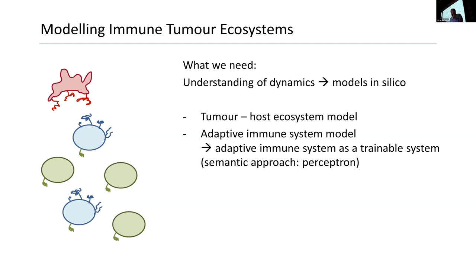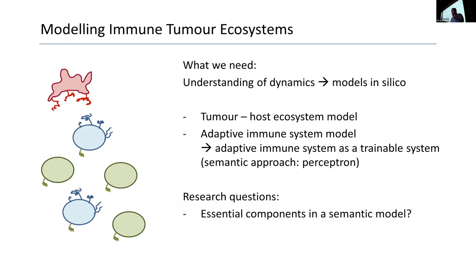So instead of a molecular or mechanistic model, we tried to find a semantic approach. And the semantic approach for the adaptive immune system is that we consider this system as a trainable system. I will show that we can model this by a perceptron. Related to this, we have research questions.